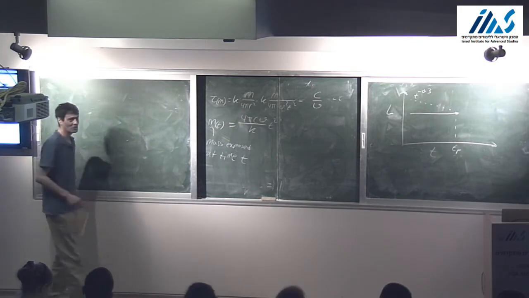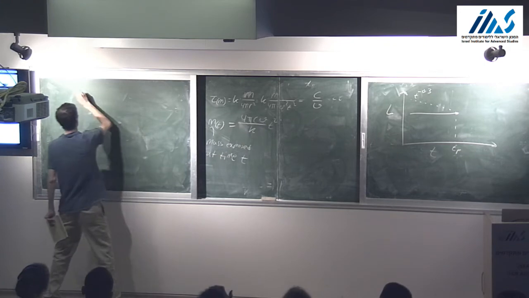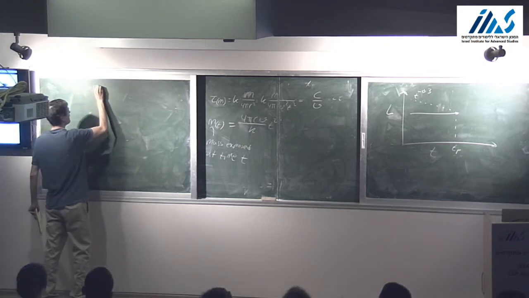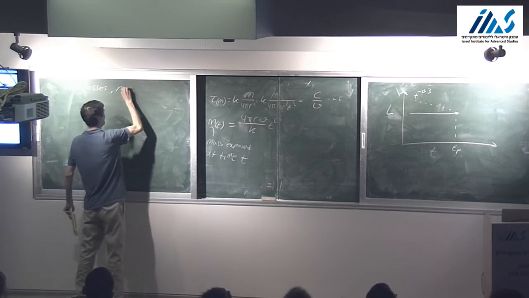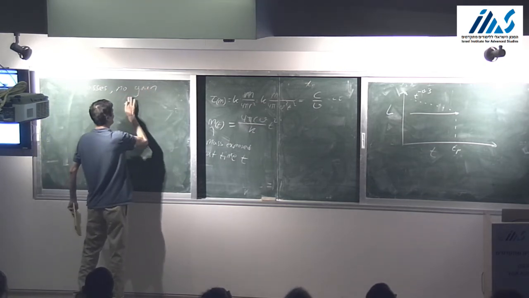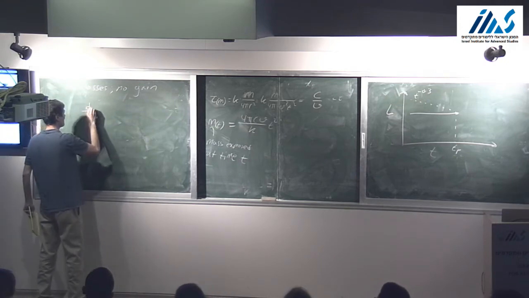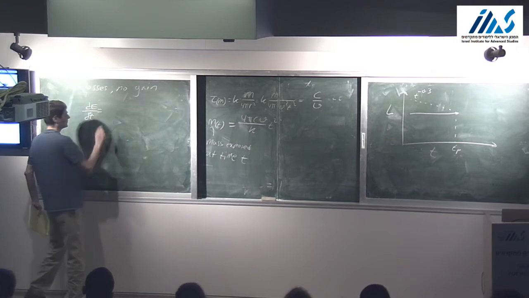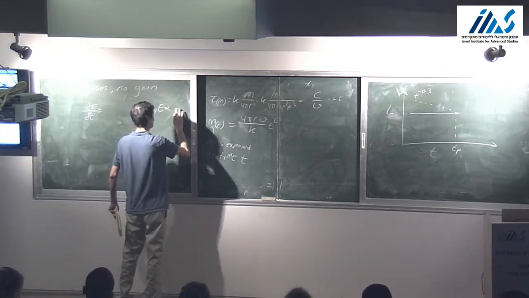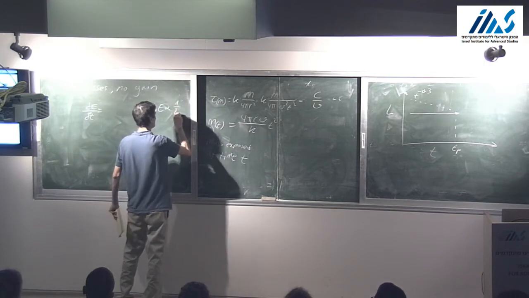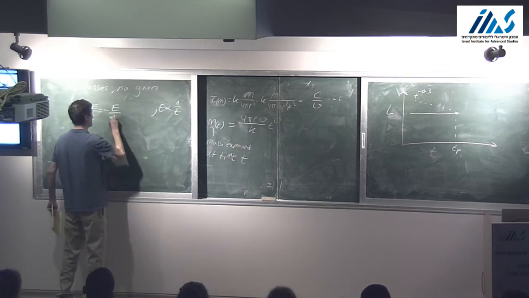Now, at first let's assume there are no radiative losses, no losses and no gain. What is dE/dt? I remind you that E is proportional to 1 over t. So this is simply minus E divided by t.